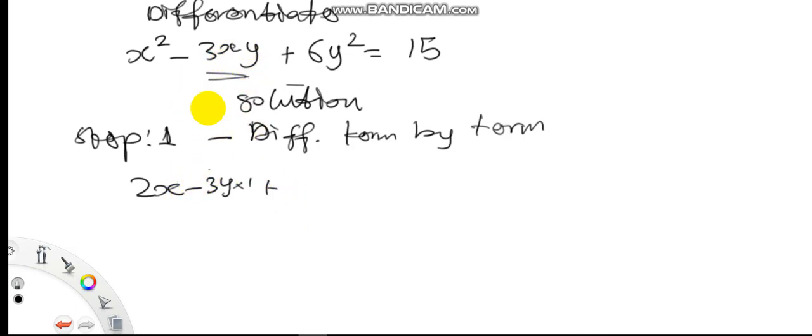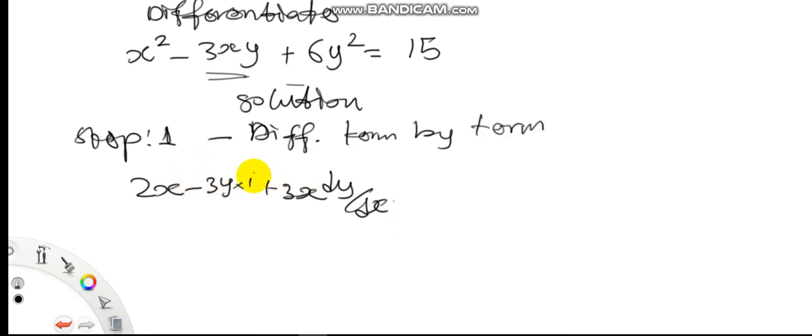So we hold x now and then we differentiate y. So this will be 3x dy dx.